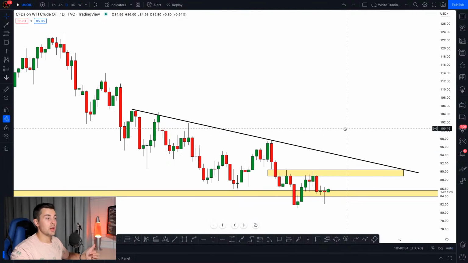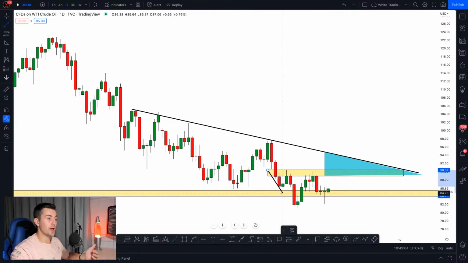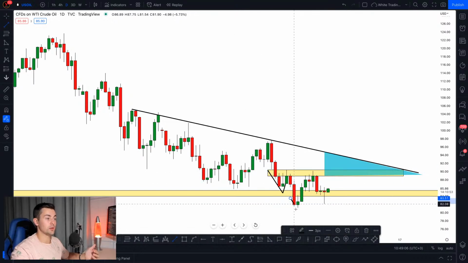In order to confirm that, we will look for a bullish breakout of that resistance cluster. You can see that here we have a very nice foundation for an inverted head and shoulders pattern. We already formed the left shoulder and the head, and now we are forming the right shoulder.